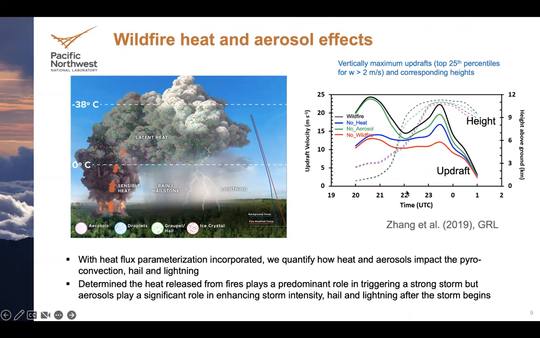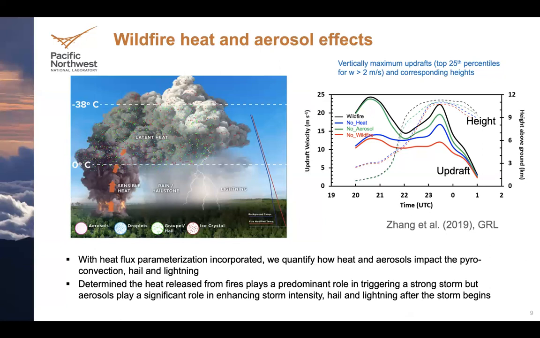But after about 22 UTC, when the storm is initiated and developed to the mature stage, we find that aerosols play a significant role in enhancing the storm intensity and also the hail and the lightning after that. So for this study, we enable a model capability to account for the heat flux, and in that way we can look into the heat and aerosol effects from the wildfire together and also respectively.